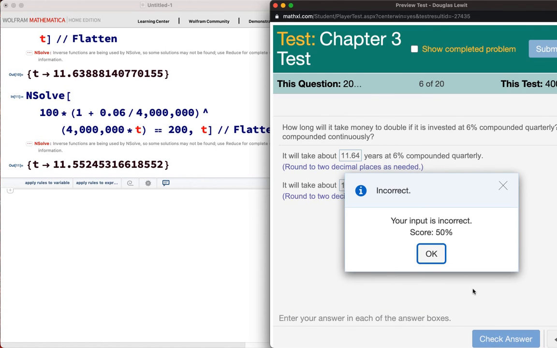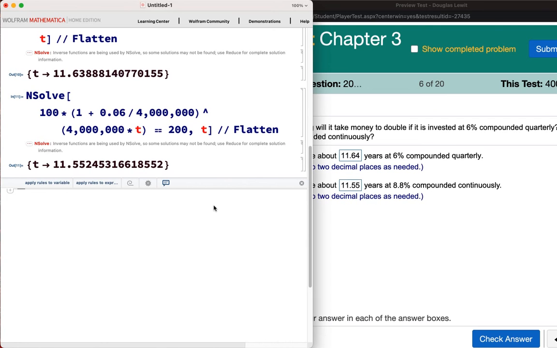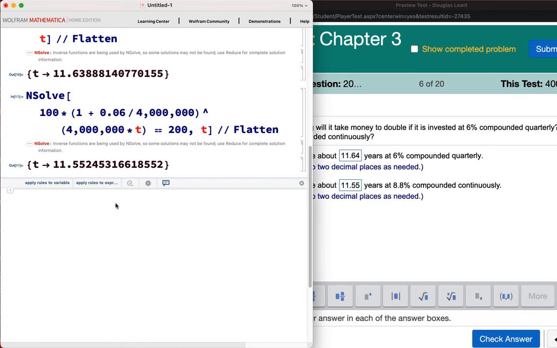It doesn't seem to like, wait a minute. Your input is incorrect, score 50%. Hold on one second. So, did I make a mistake here? What if I made it 4 billion?